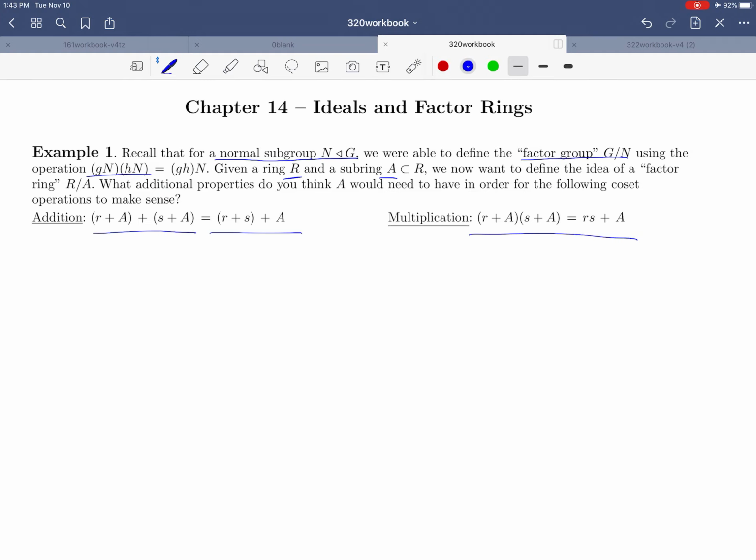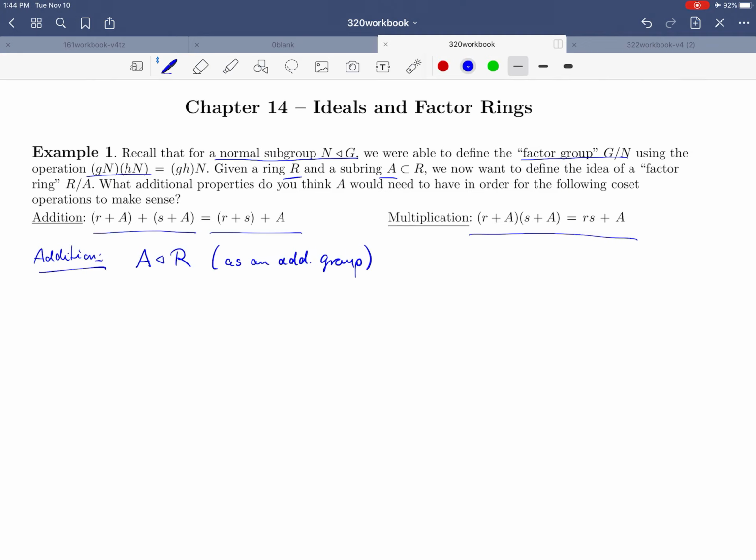Okay, so let's look at addition first. And this operation actually makes perfect sense because all we really would need for this to make sense is that A is a normal subgroup of R under addition, so as an additive group. But we get that for free because R is abelian under addition. Our ring is abelian under addition.